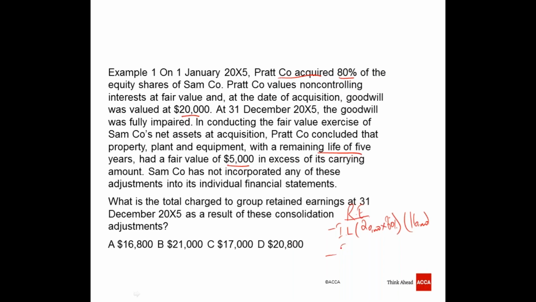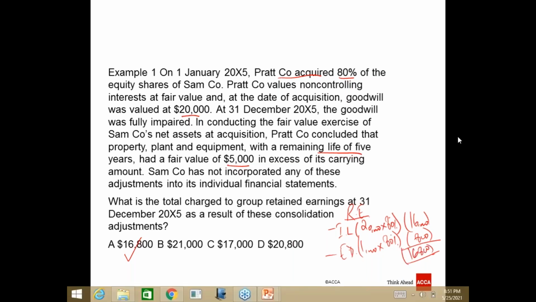And there will be an excess depreciation by dividing 5,000 by 5. You got the value of 1,000 for the year. So there will be an adjustment of 1,000 into 80%. That will be 800. The right answer will be A, 16,800. Wonderful.